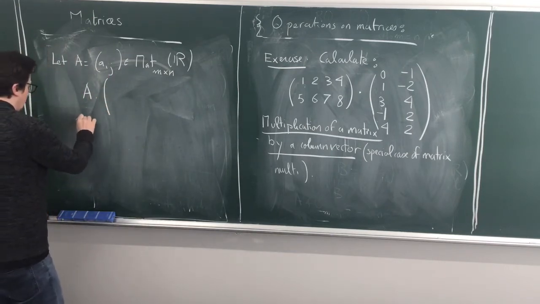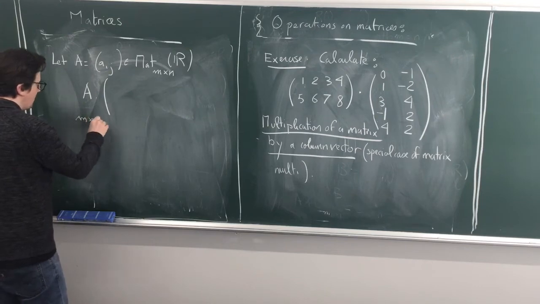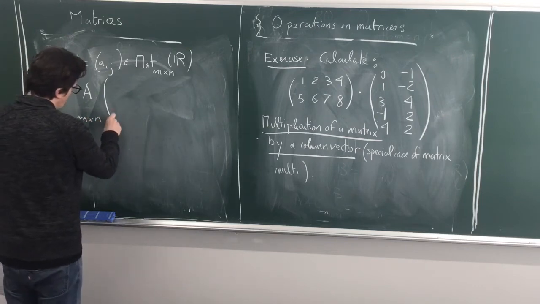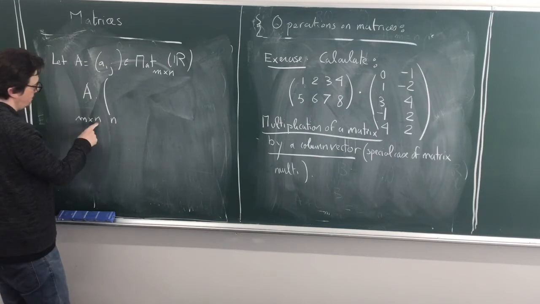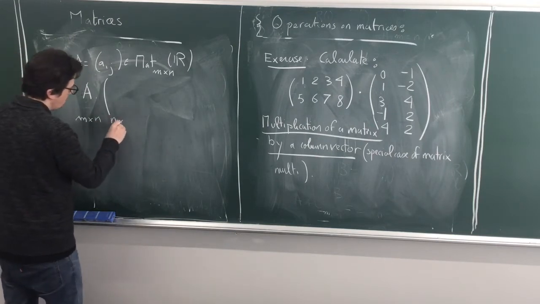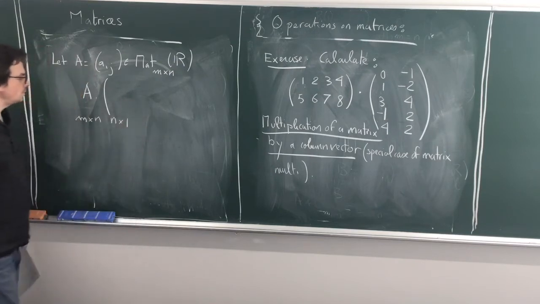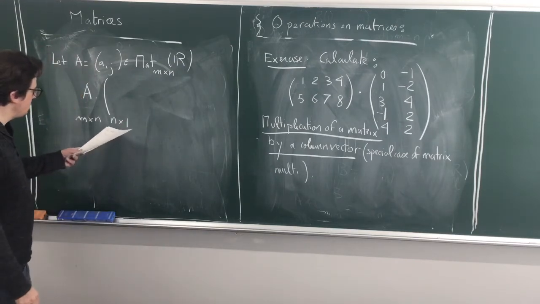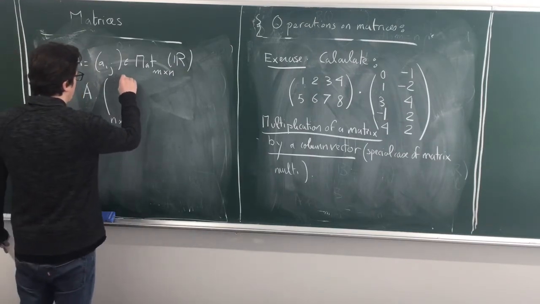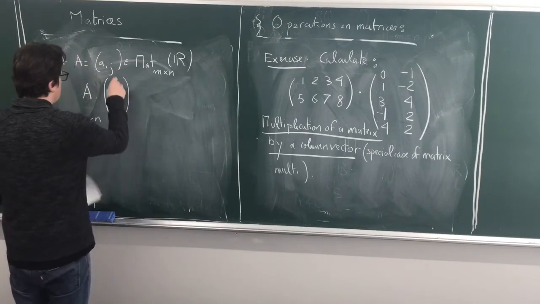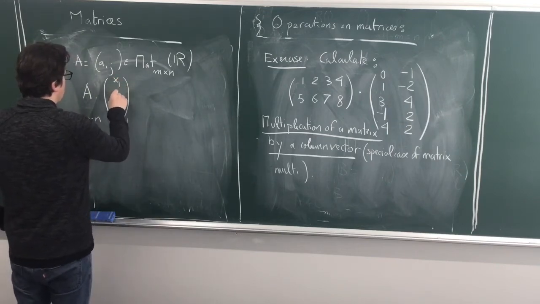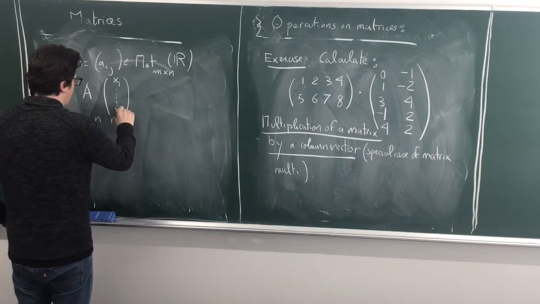It means that here I have size m times n, and here I must have also n, the same number as here. And because it's a column, there is only one column, so it will be necessarily n times 1. Let me call this x1, ..., xn.